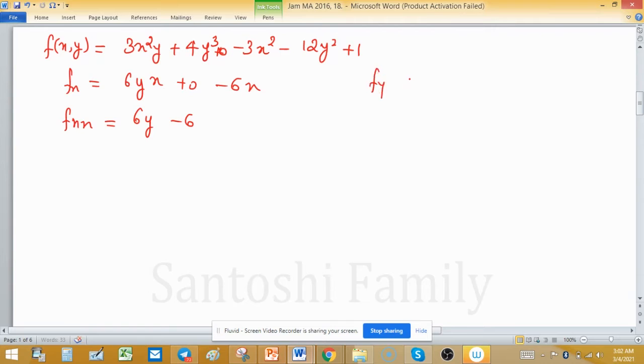Fy will be 3x square plus 12y square minus 24y.